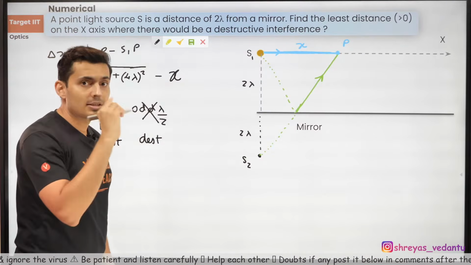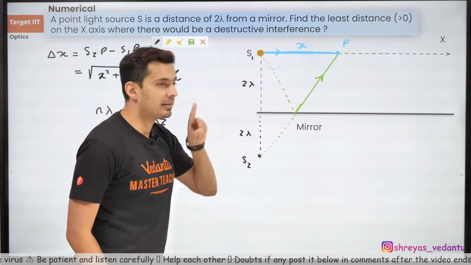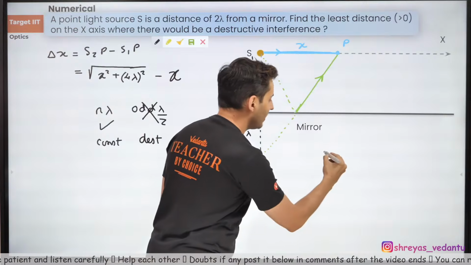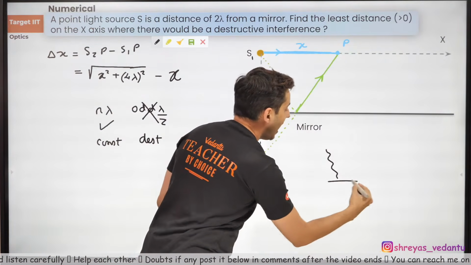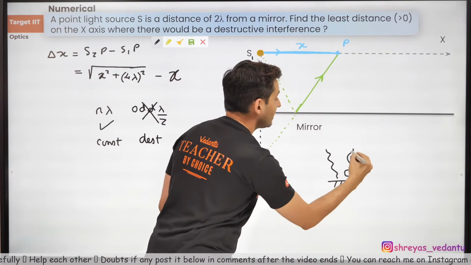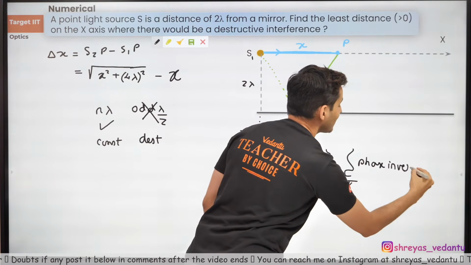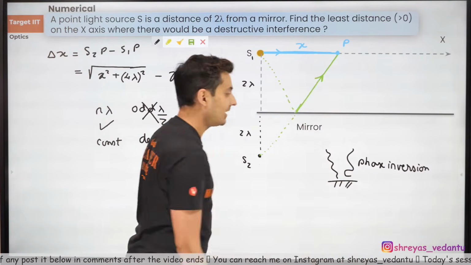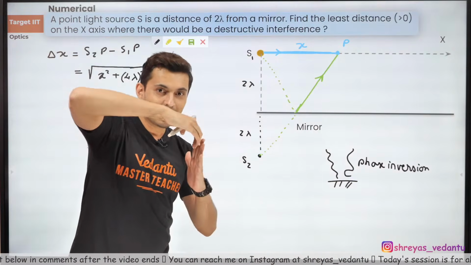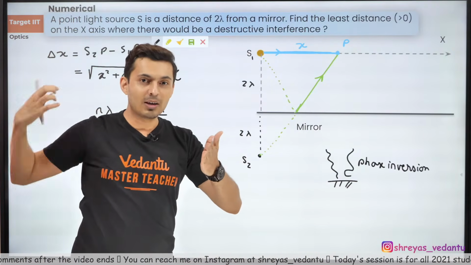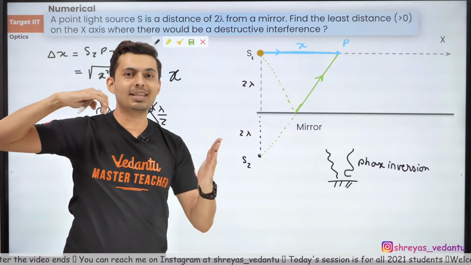Now that's the catch. The catch is the mirror. Whenever you have a mirror, if there is a wave, after it gets reflected, there is a phase inversion. That's very important. So if there was a crest, it gets reflected as a trough. If there was a trough, it gets reflected as a crest.